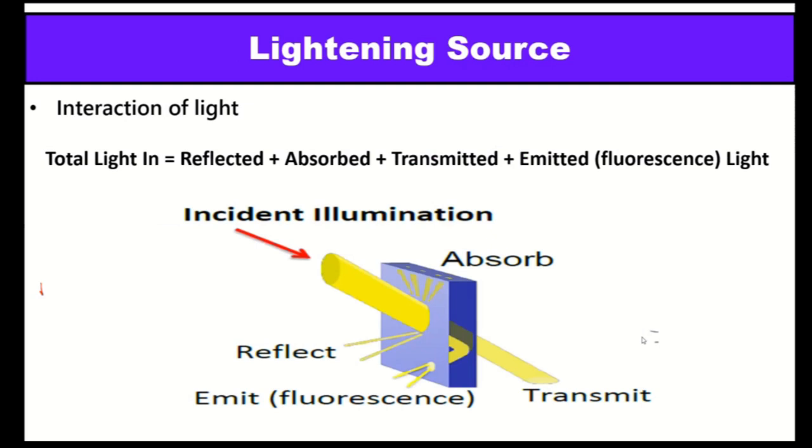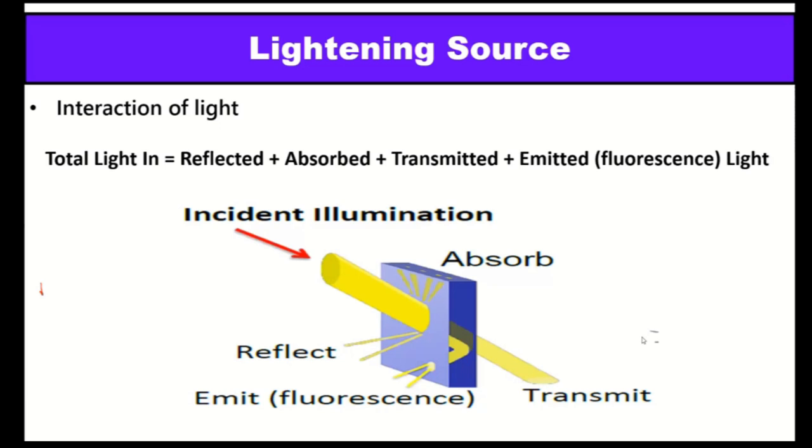Now all of us know the process of image capturing, where light falls on the object and then is reflected. This reflected light is captured by the camera. It falls on the lens, then goes to the sensor, and the sensor grabs all of this reflected light and converts it into an electronic signal.